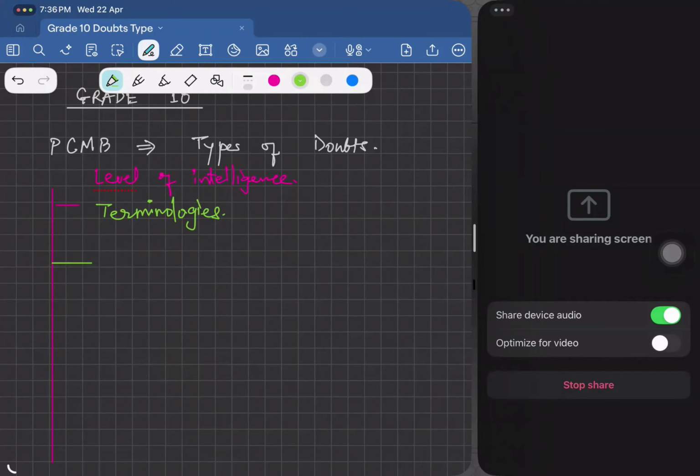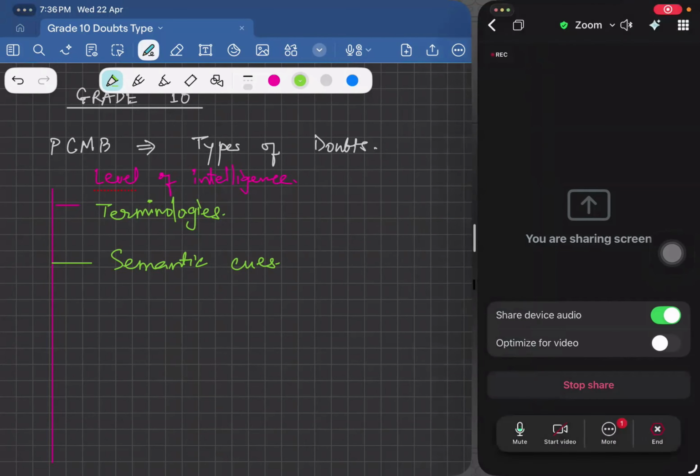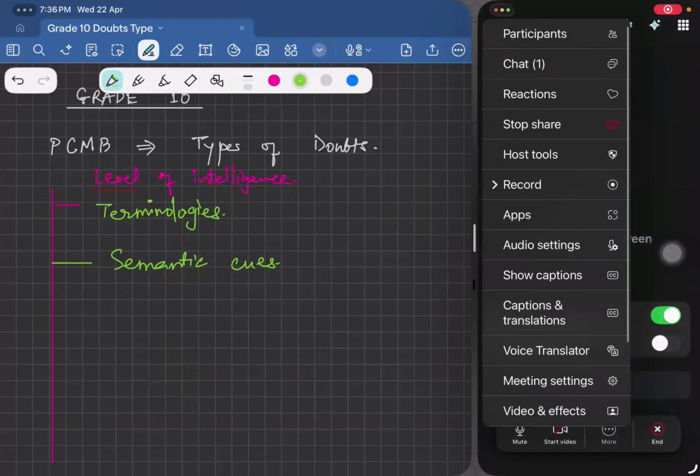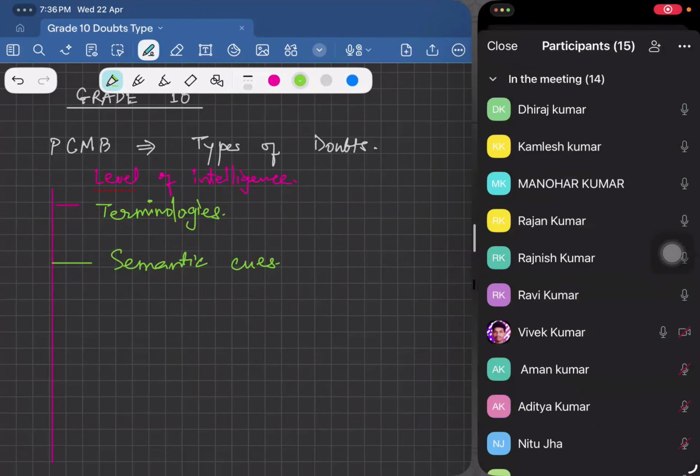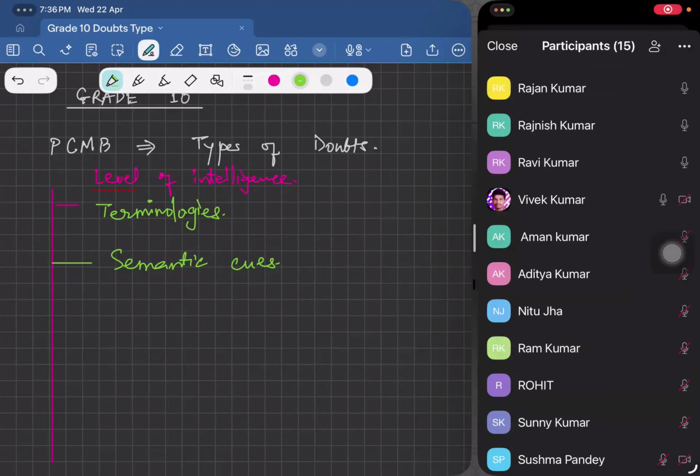The second is the semantic cues. If someone tells me that I need to unmute, let's say, Neetu ma'am, here I'm reading the word unmute and another word, Neetu ma'am.